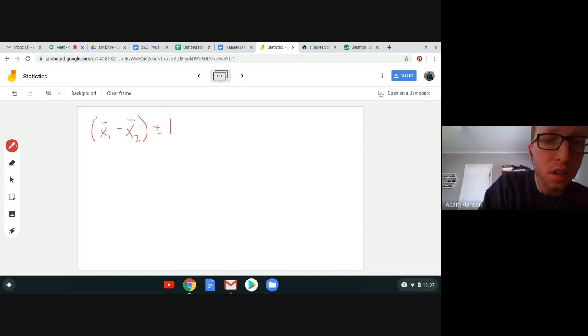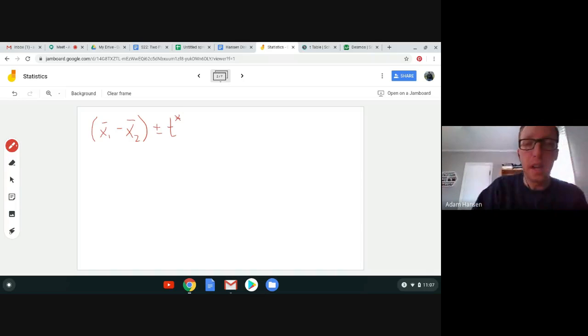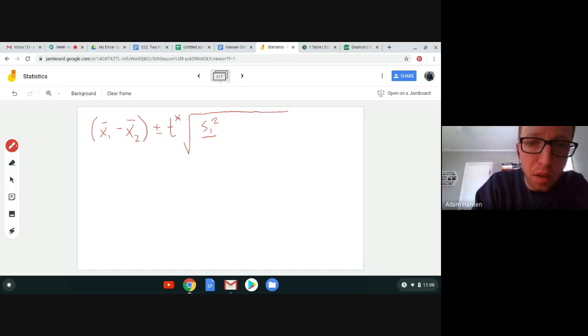The margin of error is some t-score to create the confidence interval, whether you want a 90, 95, or 99, those typical confidence interval t-scores, times the square root of the variance, our standard error. This would be S1 squared divided by N1 plus S2 squared divided by N2.